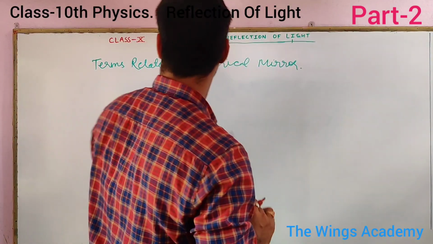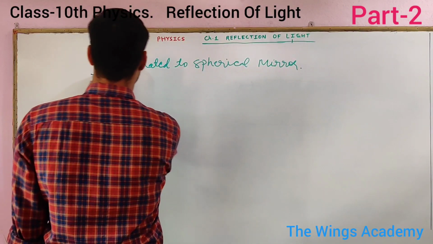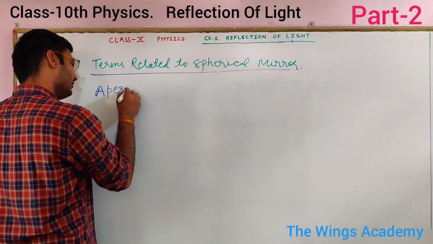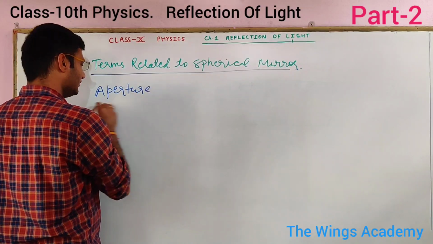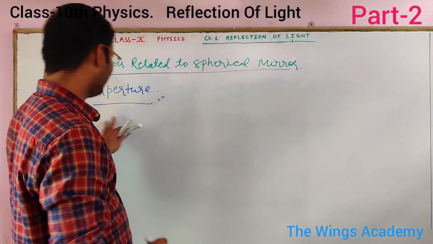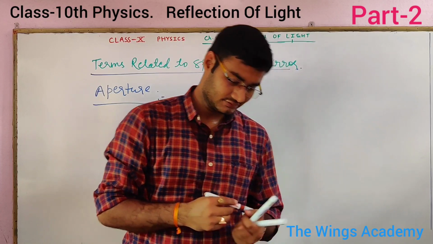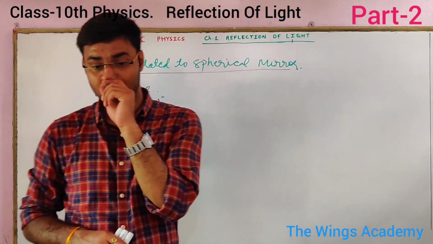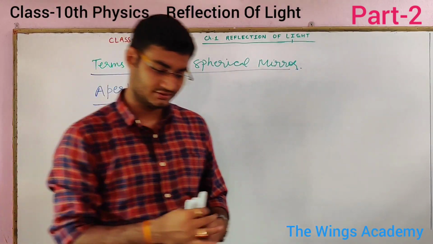One more term related to a spherical mirror is aperture. Aperture is the circular area of any spherical mirror which controls the light falling on it.